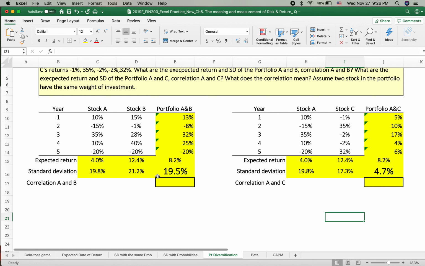But the standard deviation of 19.5% doesn't have any diversification because the correlation of A and B is almost the same, positive. That means when stock A increases 10%, stock B increases. When stock A decreases, stock B decreases. Exactly the same directions, even though they increase at a different level or decrease at a different level, right?